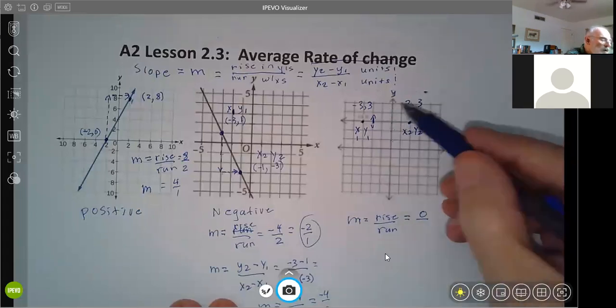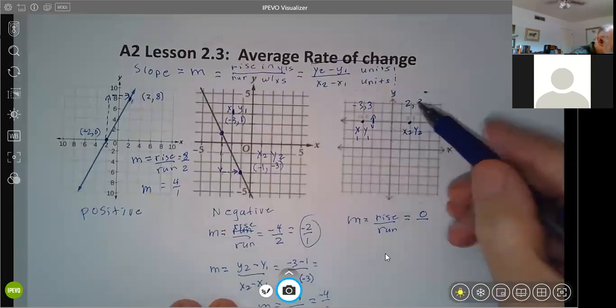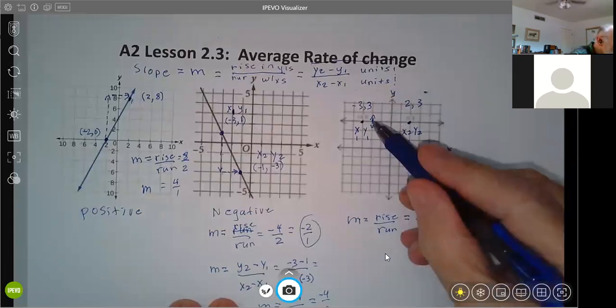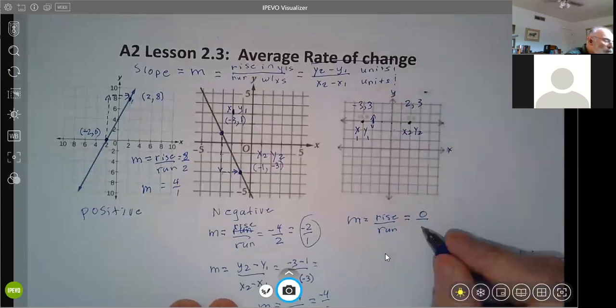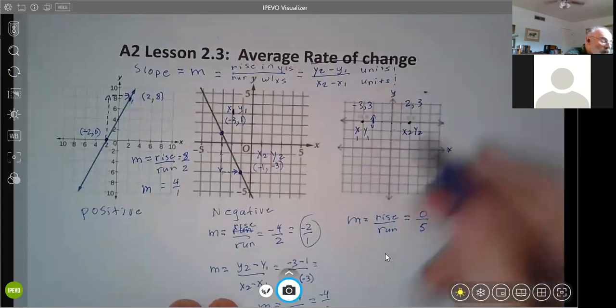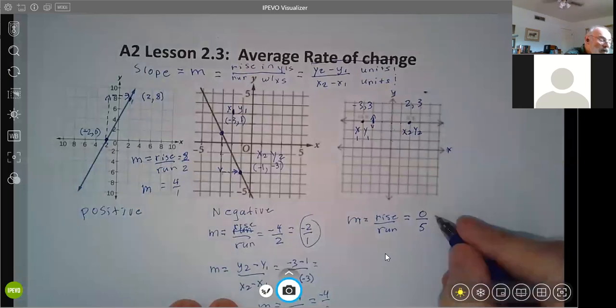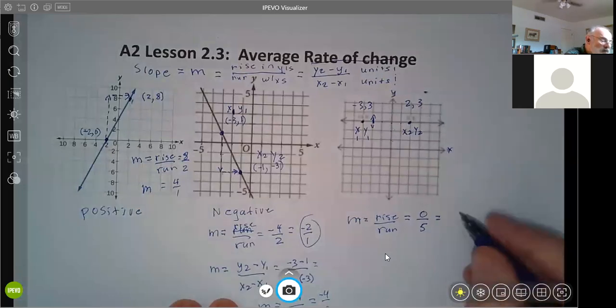So -3 to 2. Let's just count those. 1, 2, 3, 4, 5. So that means we're running 5. And 0 over 5, as we all know, is 0. So this is a slope of 0.